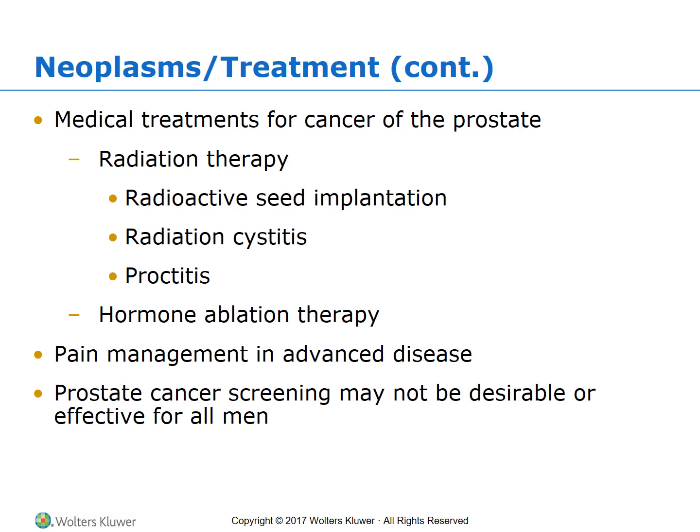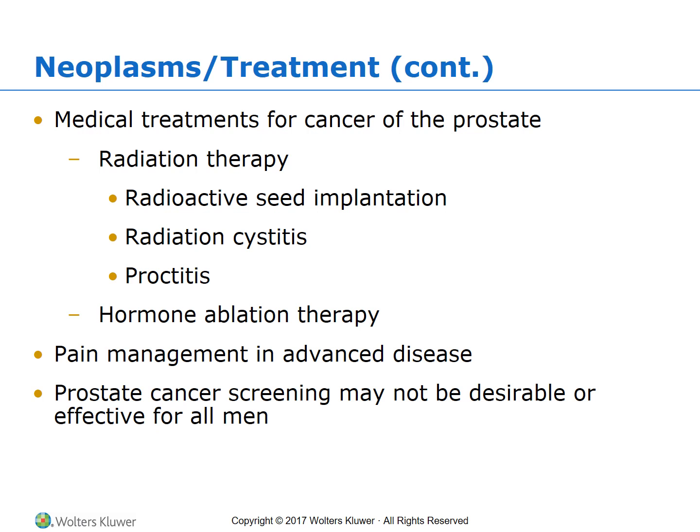They can get radiation cystitis, which is a common problem following radiation therapy. Treatment is analgesics and antispasmodics. You want to increase their fluid intake, and they are susceptible to excoriation and yeast infections. Prostatitis is an inflammation of the rectum and anus.